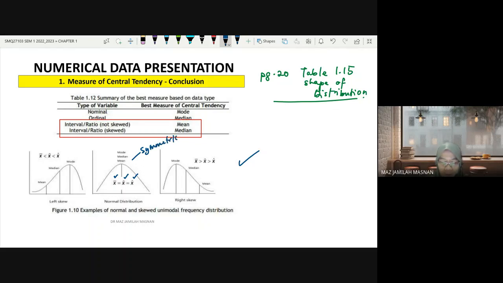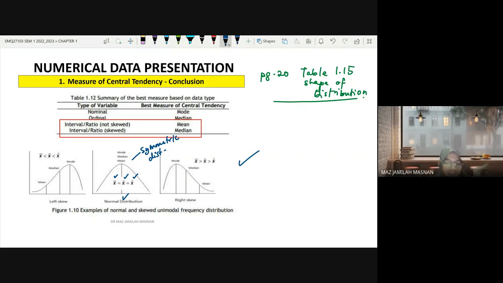Symmetric distribution, or in statistics they call it normal distribution, means that the mean, mode, and median share the same value. So mean, mode, median equal one value only.